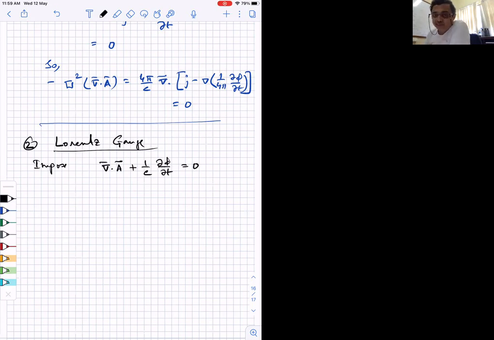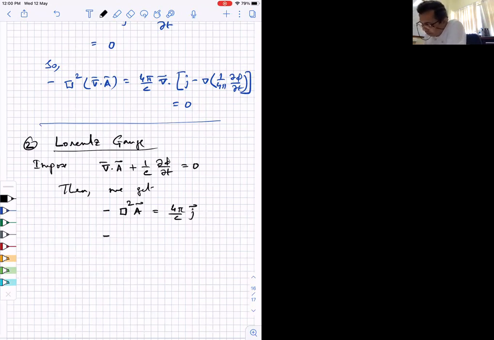This is actually an even nicer gauge because it simplifies the equation even more. So once we put this, then what we get is two equations. One equation is the Laplacian of A, which is equal to 4 pi by C times J. So this is a vector equation, okay?